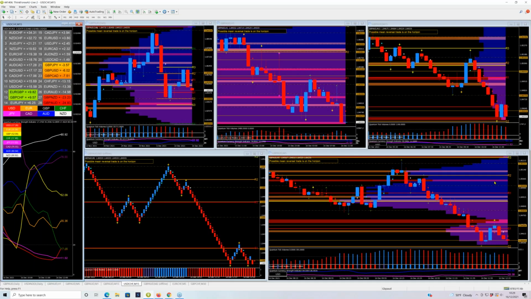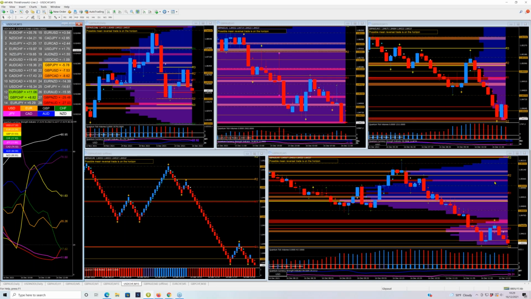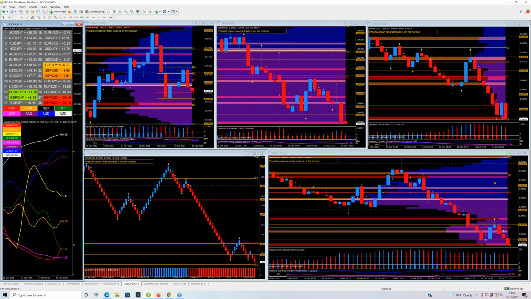Another interesting aspect today about the pound is it wasn't doing very much against the US dollar. It wasn't doing very much when I first looked at it, and it was going in the same direction as the Aussie on the CSI.